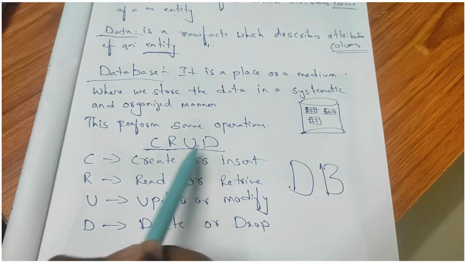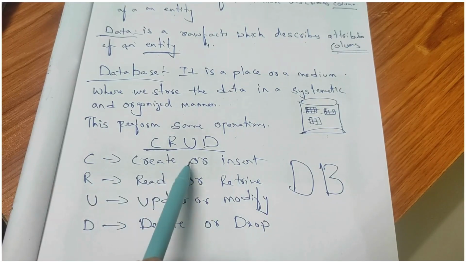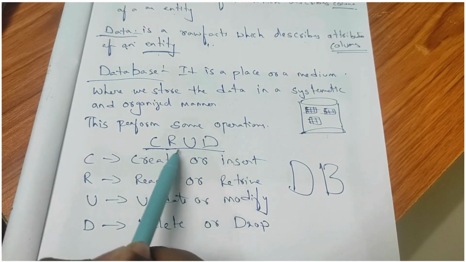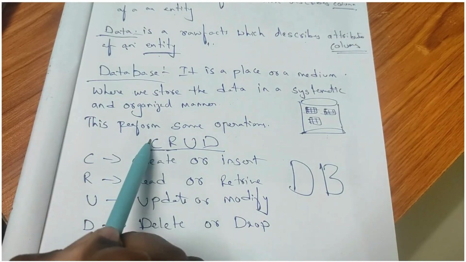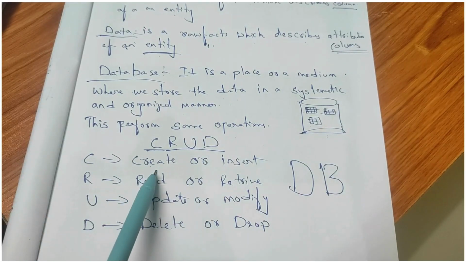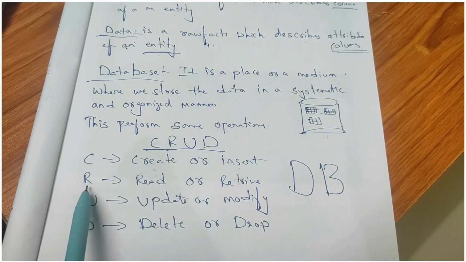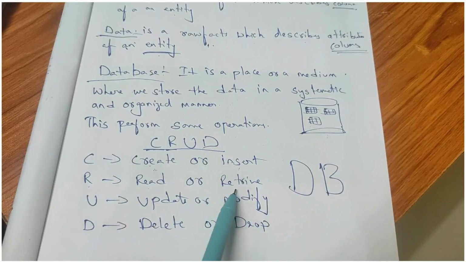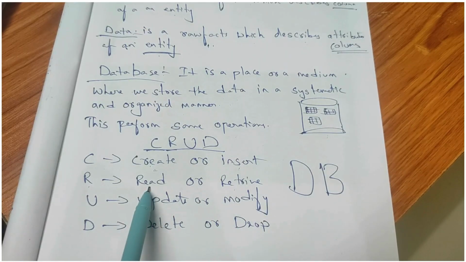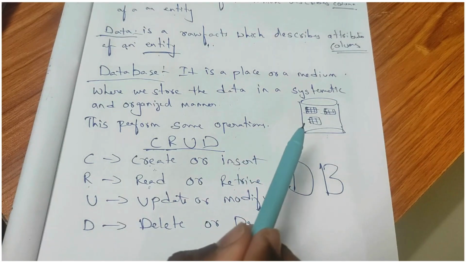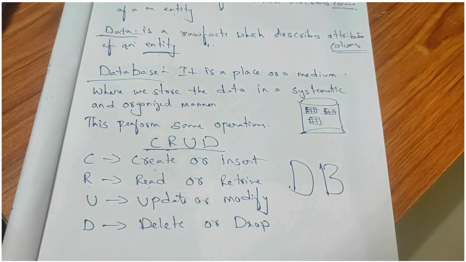CRUD operations: C is create or insert the data. With these operations a programmer can create a table and insert the data. R is read and retrieve. Read means he can see the actual data in the table using a query language, using a query.